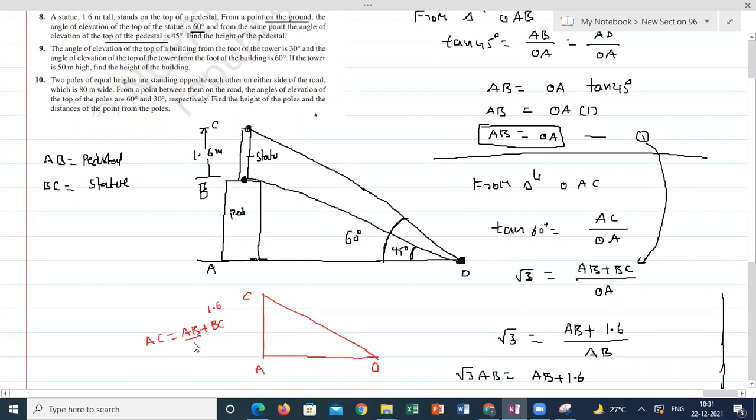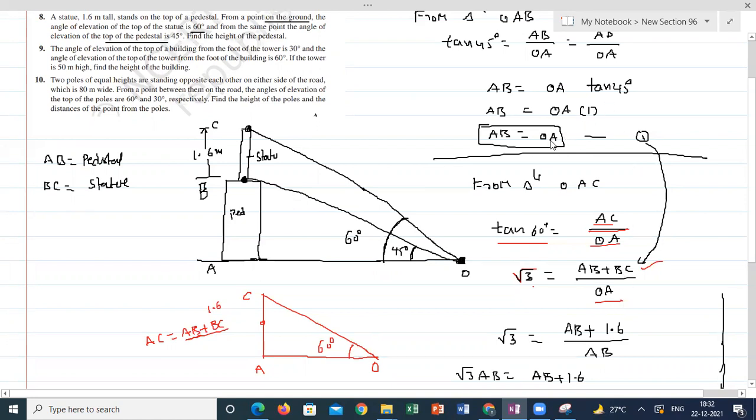AB I don't know, that is my job. From here, if I'm taking triangle OAC, this angle is 60 degrees. If I'm taking tan 60, opposite side AC by OA, I don't know the OA value, but I know tan 60 is root 3. AC can be written as AB plus BC, and OA can be written as OA.